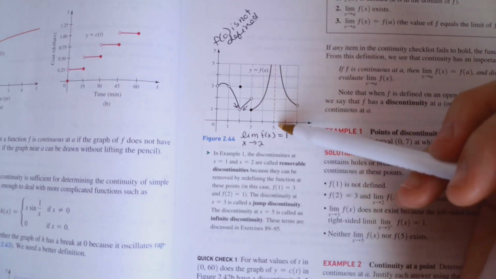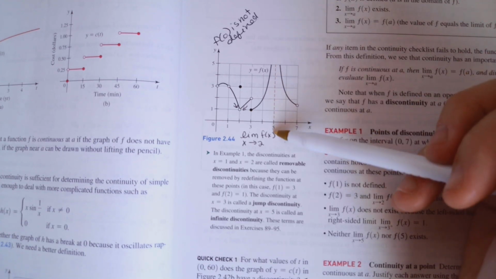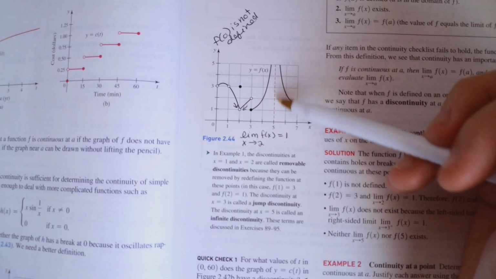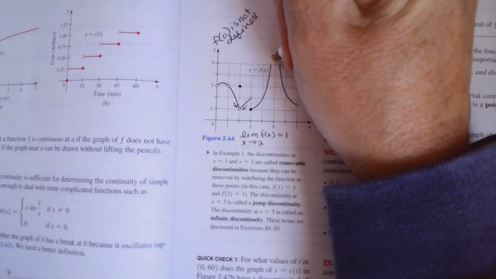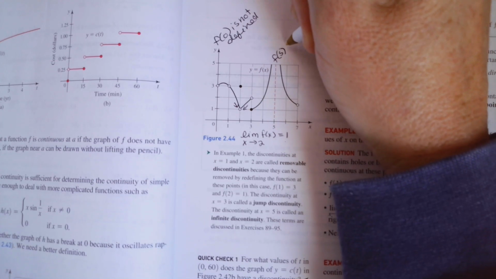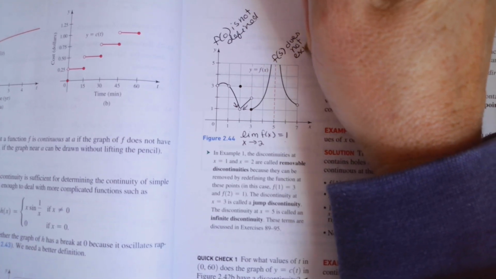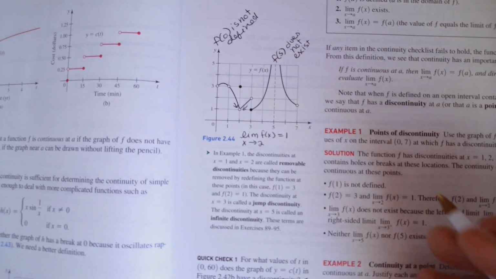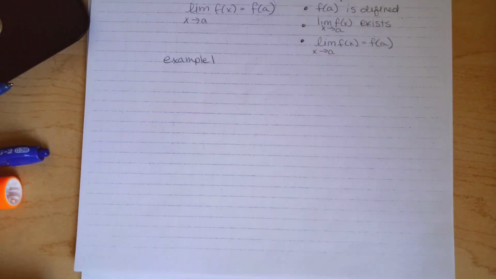At 5, we're not continuous at 5. Why? Because we're not even defined at 5. Our f of 5 does not exist. Okay, so let me write, I'm actually going to move this over.